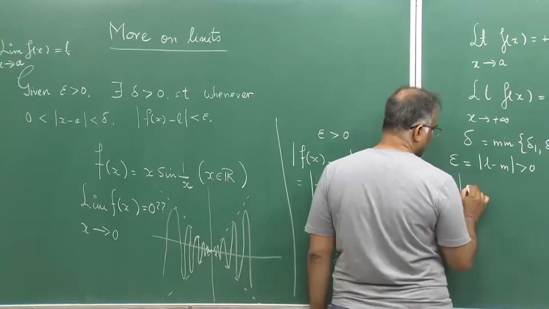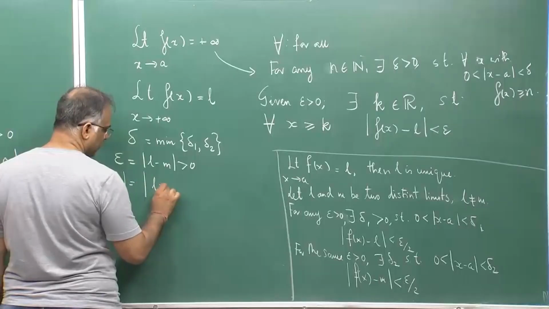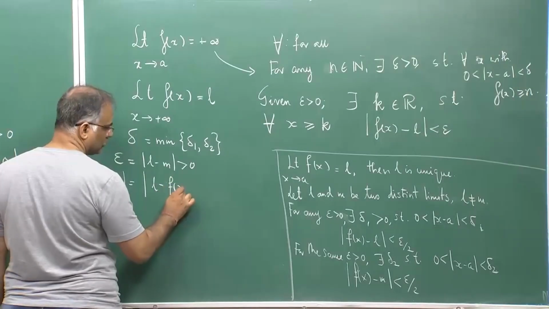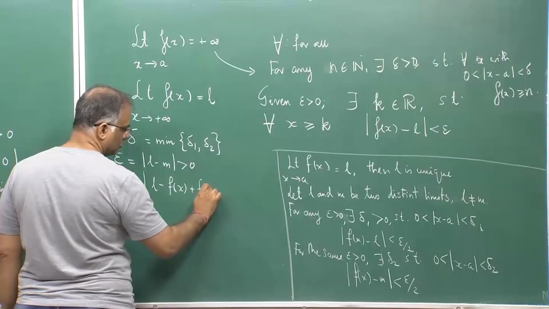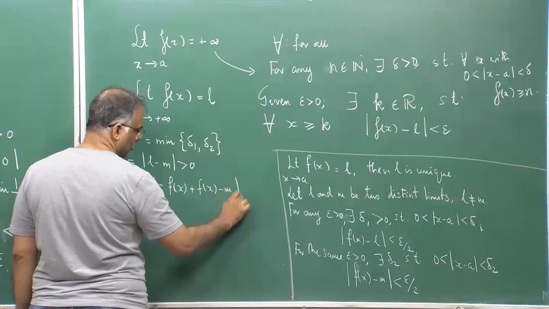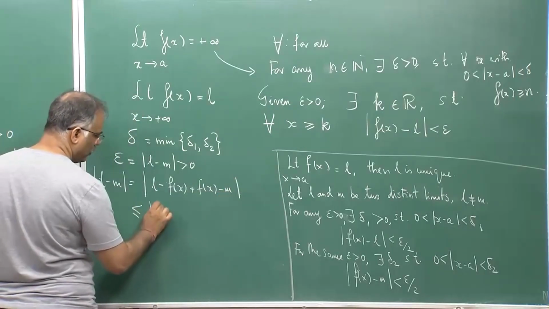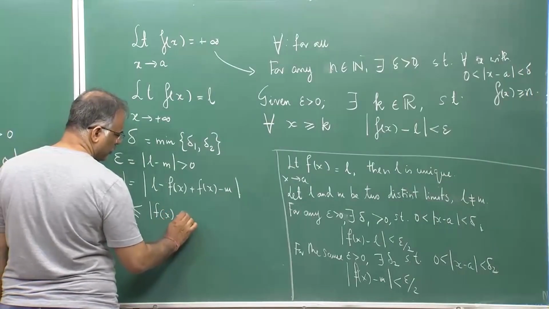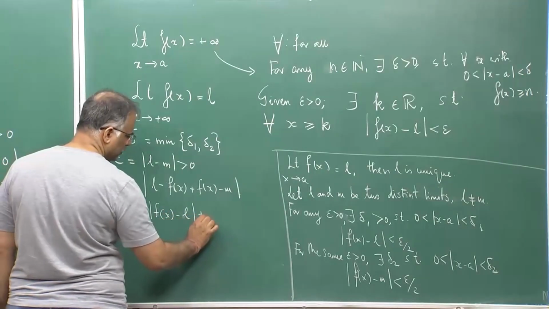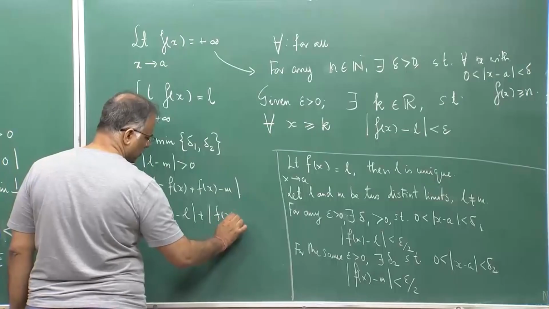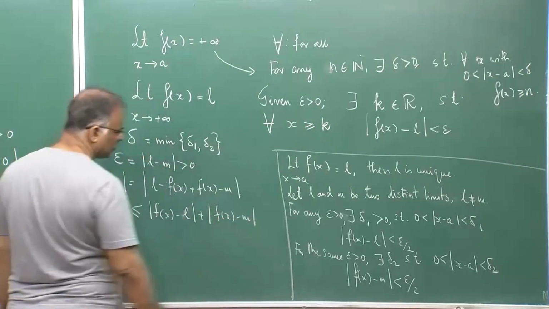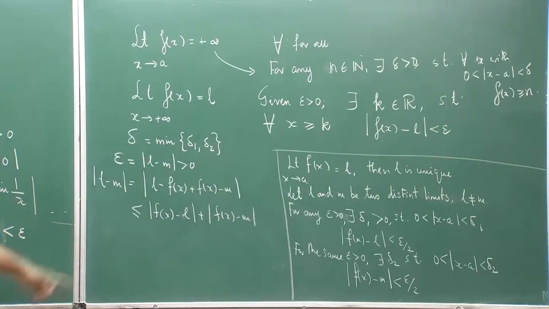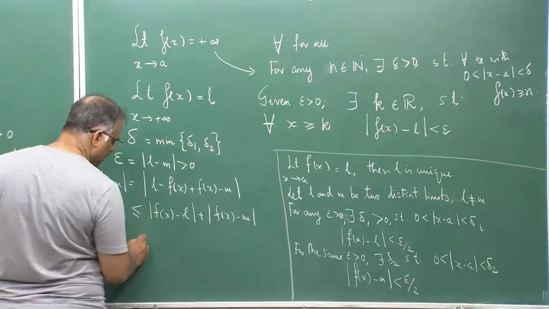So, this I will write as |L minus M| less than or equal to |L minus f(x)| plus |f(x) minus M|, and this is a well known result that mod of A plus B is at most mod A plus mod B. Now, here I have chosen particularly epsilon equal to |L minus M|.